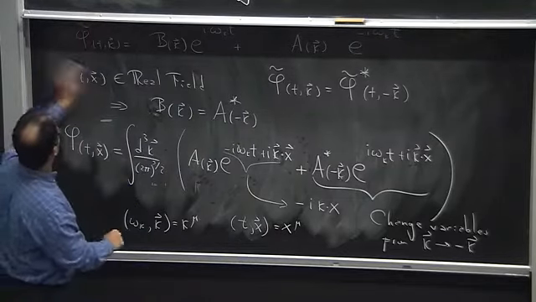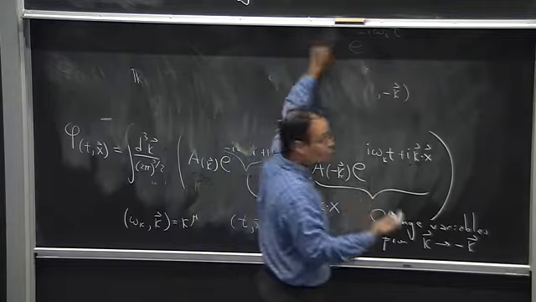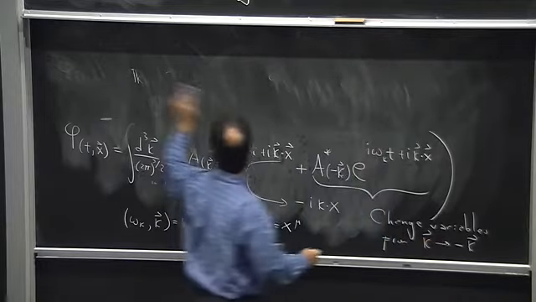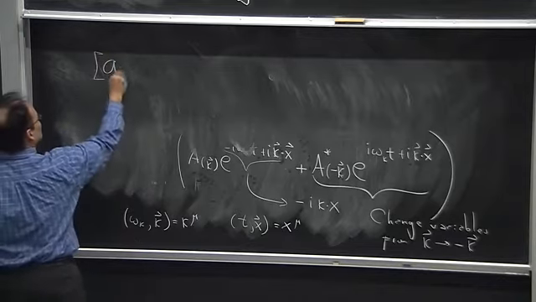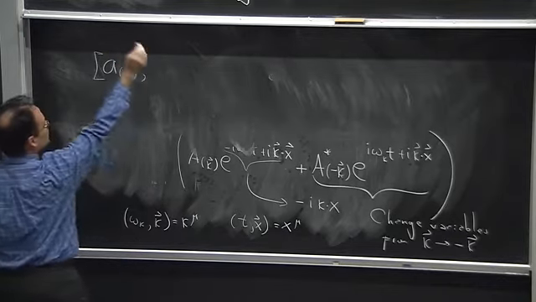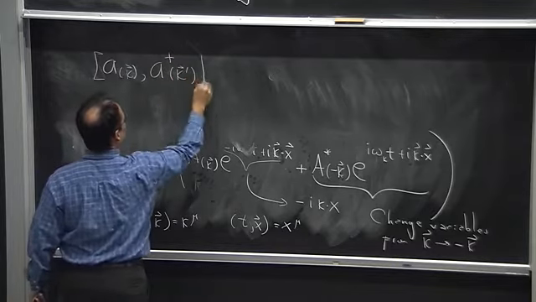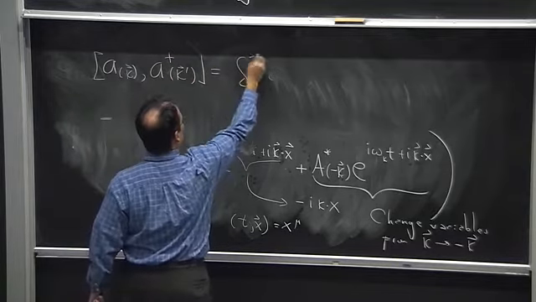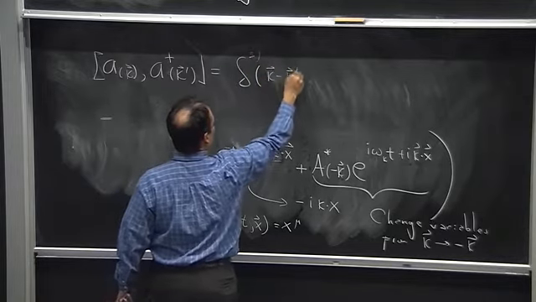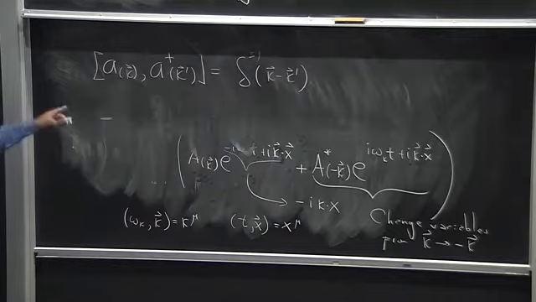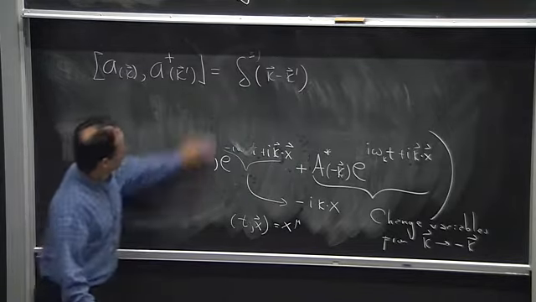Of course, your exercise will be to show what the next one is. So we're not going to do it here, but just following exactly the same calculations, you should get that the a and the a dagger satisfy these commutation relations.